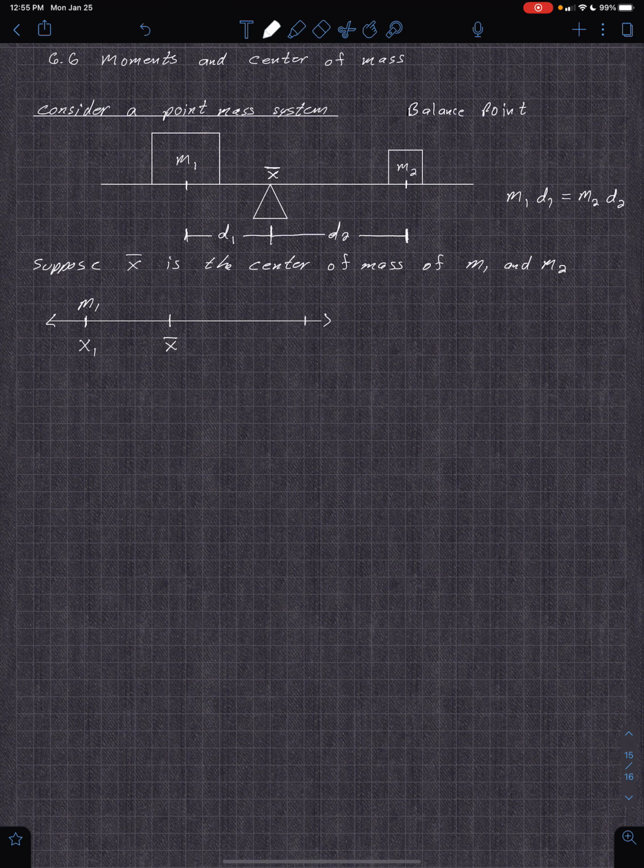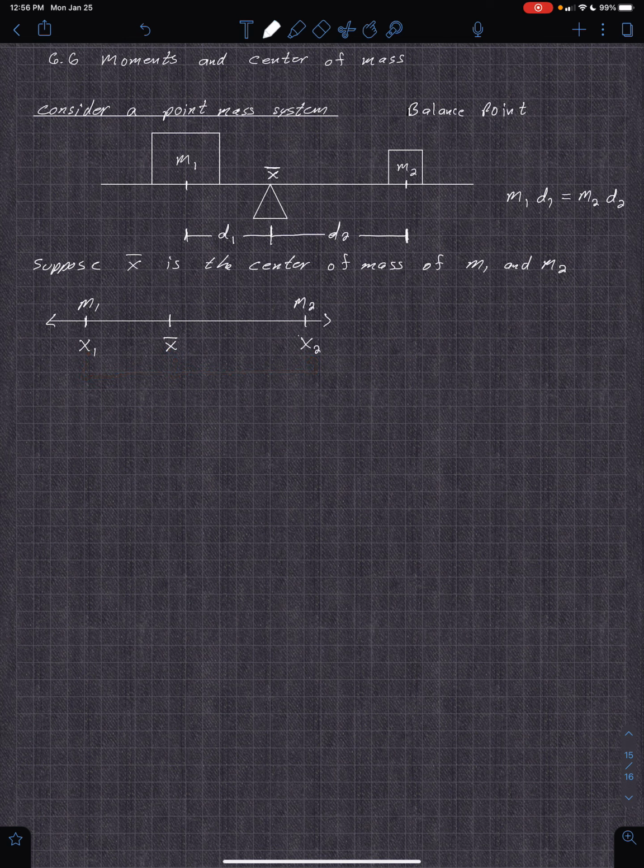And then say this value here is M2 and X2, whatever position on the system. So the distance for this is x bar minus x1, and this distance would be x2 minus x bar.